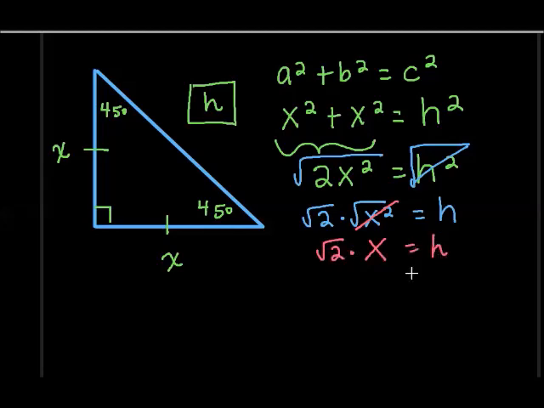And this is pretty neat. The hypotenuse is equal to one of the side lengths times the square root of 2. Let me just cross that off. That way I can represent the hypotenuse in terms of the side. So it's x times the square root of 2. Or a lot of people write it as the square root of 2 and then an x. You have to be careful so that it's very clear the x is not under the radical, so it's separated.